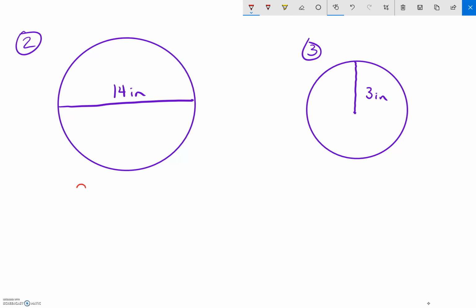So circumference, distance around, is always pi times diameter. Same thing for this circle. Circumference equals pi times diameter. Now be careful, because sometimes they'll give you the radius instead of the diameter. So try to find the distance around these circles, hit pause, and then hit play, and we'll work through them together. We'll have one final question.